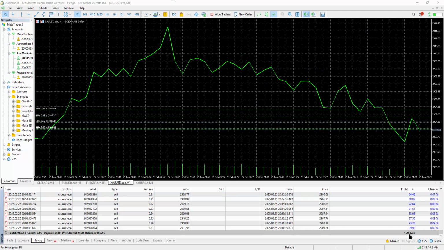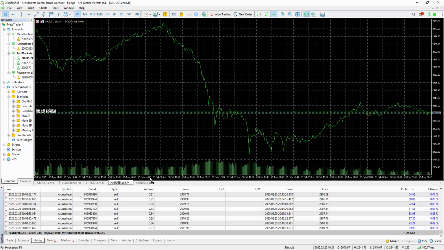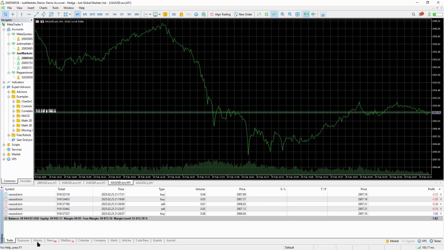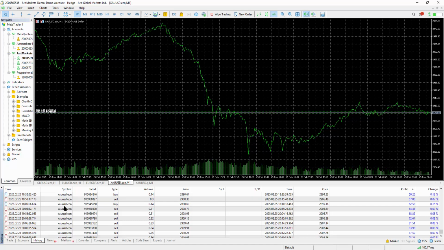The demo today made a bit less, as you see, probably because of different brokers, different spreads, but it's okay. As long as you see the results, this is the same as the other gold. All of it is gold, as you see here. History is all in gold.